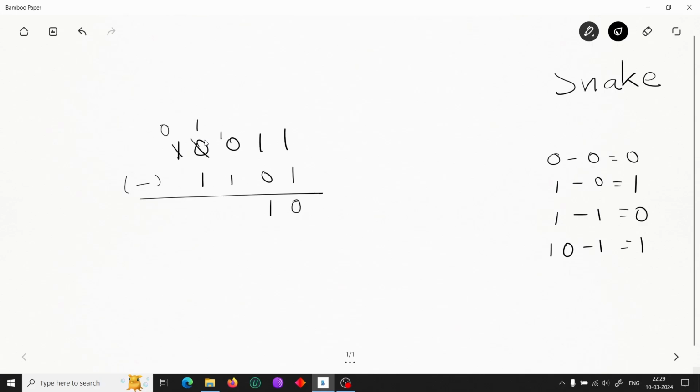I'm not going to show it right now, but let's complete the subtraction. So 10 minus 1 will give us 1, and then 1 minus 1 will give us a 0, and finally the 0 will come down, and this is the final answer. Now this basically turns out to be 6 in the base of 10, but you get the process. This is how you do the binary subtraction.